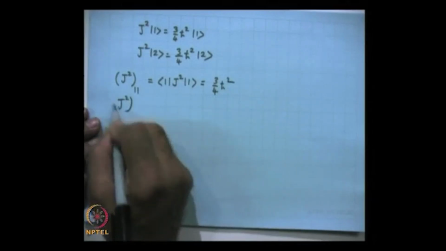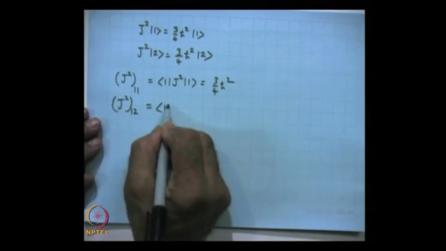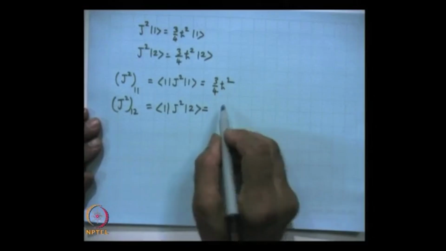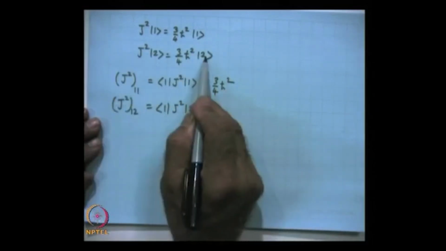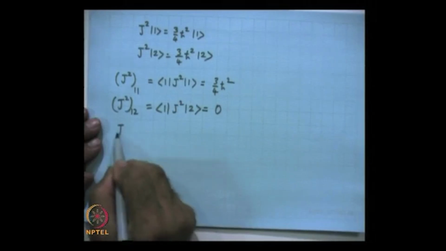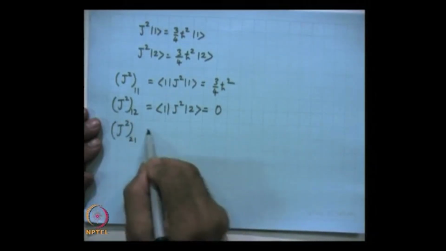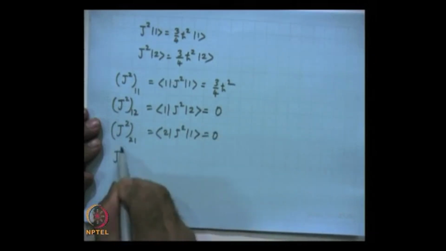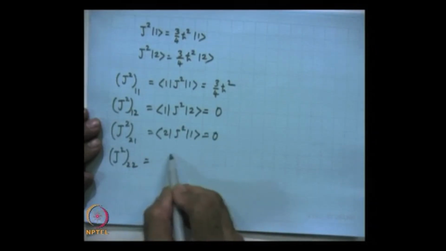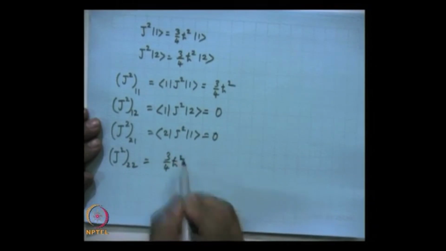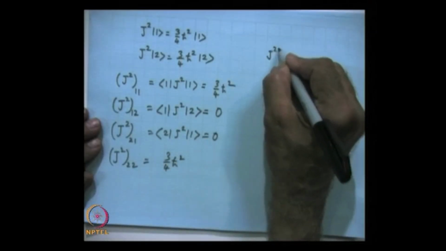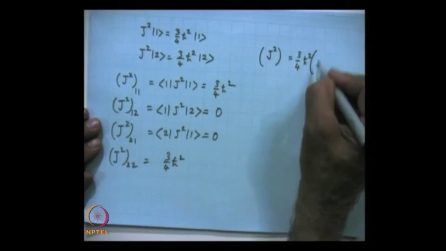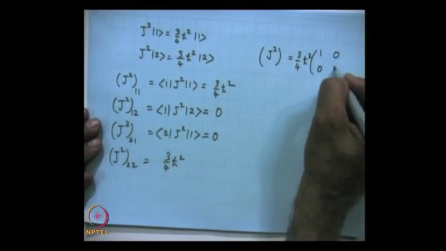Then J square 1 2 will be bra 1 J square ket 2, so this will be bra 1 ket 2, so that will be 0. J square 2 1 will be bra 2 J square ket 1, that will also be 0, and J square 2 2 will be equal to, I leave it as an exercise, so 3 by 4 h cross square. So, the matrix representation of the operator J square is 3 by 4 h cross square times 1 0 0 1.